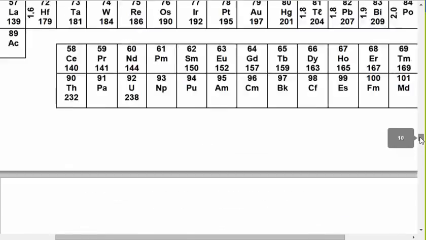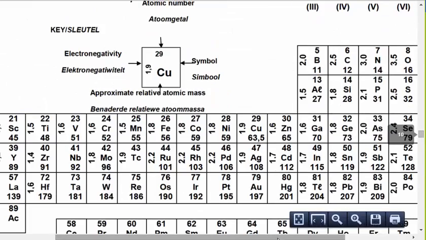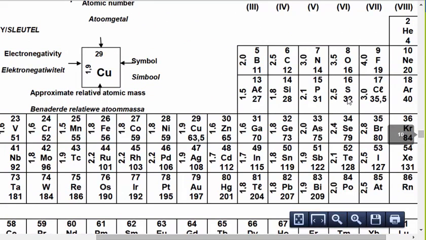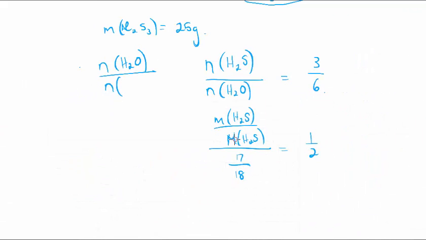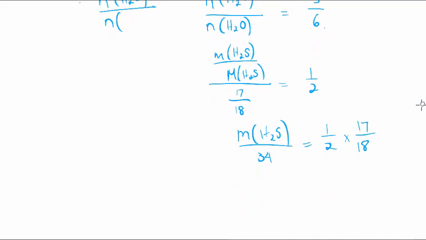This one is hydrogen sulfide. Where's my periodic table? Okay, hydrogen is 2 hydrogens and sulfur is 32, so this is 34. Agreed? So I get the mass of H2S that I'm trying to calculate divided by 34 is equal to 1 over 2 times 17 over 18. Still good? Yes.